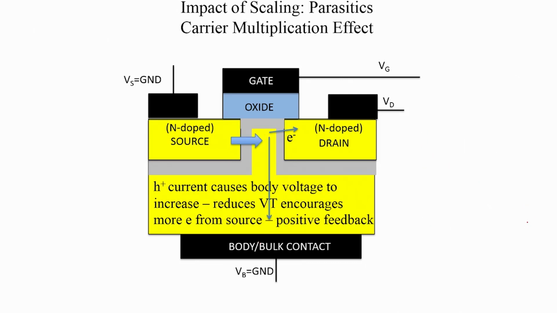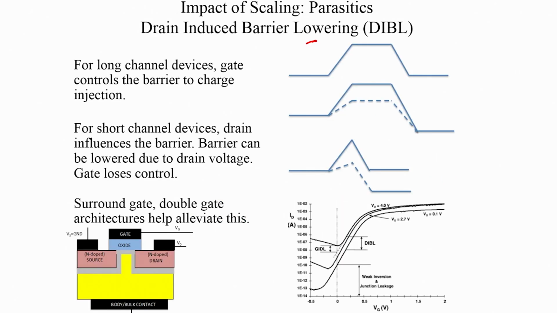If you reduce the threshold voltage, you are going to encourage more electrons to get in from the source, and this is going to further create more electron-hole pairs, and this positive feedback mechanism can simply lead to an instability which will eventually destroy the device. There is a possibility of this happening if the device is not carefully engineered using correct scaling principles.